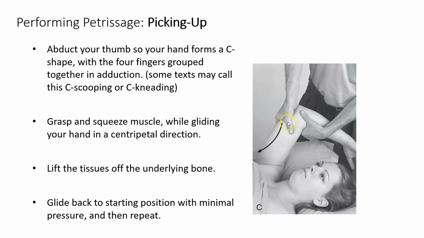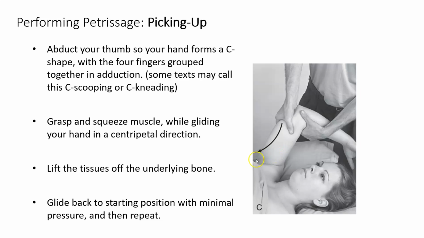You grasp and squeeze the muscle while gliding your hand in a centripetal direction. So you're sliding down this direction and lifting the muscle off of the underlying bone. You perform that distal to proximal, and then you somewhat relax.